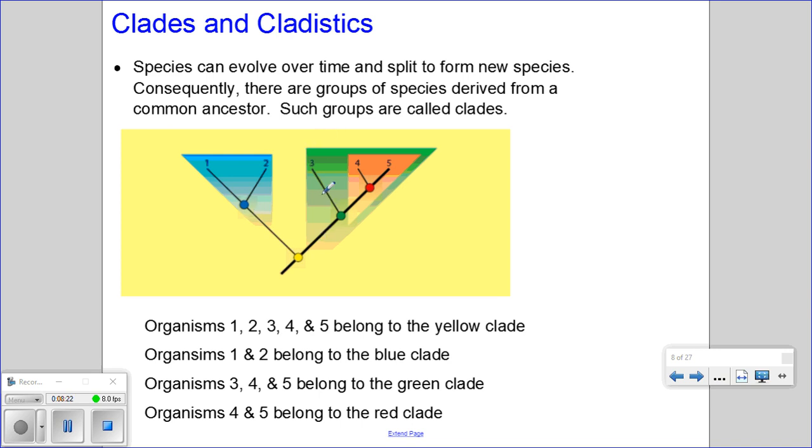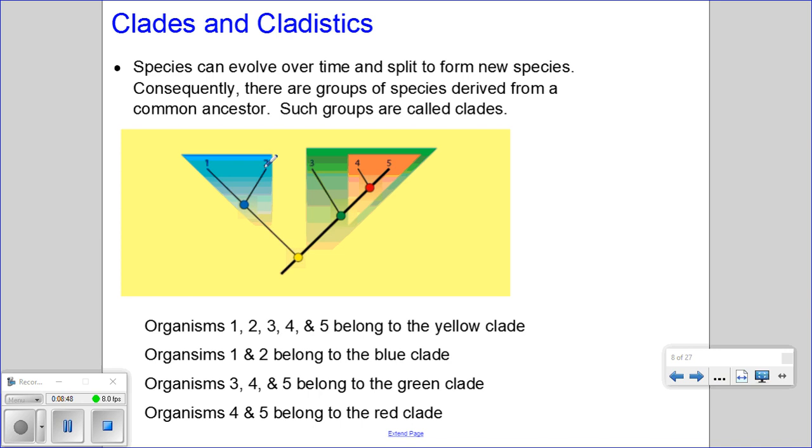Now, if you look at species 3, 4, and 5, they also share a common ancestor, so species 3, 4, and 5 would belong to a clade of their own, and this is outlined in green. Species 4 and 5 share a common ancestor between them, and so they would have their own clade, which is outlined in red.